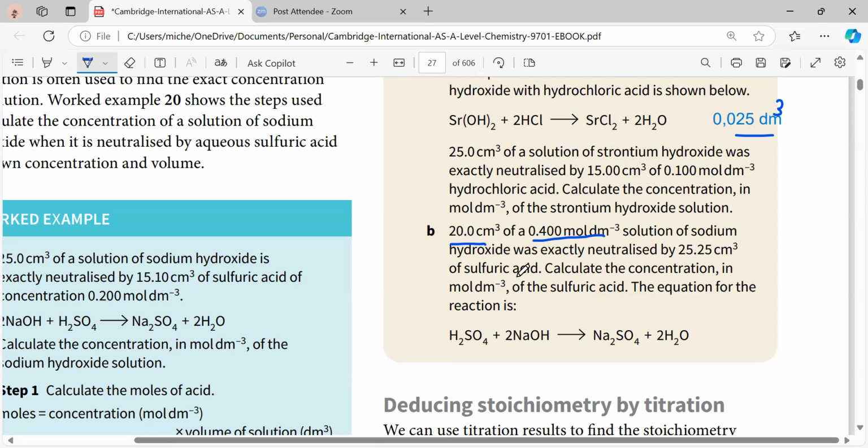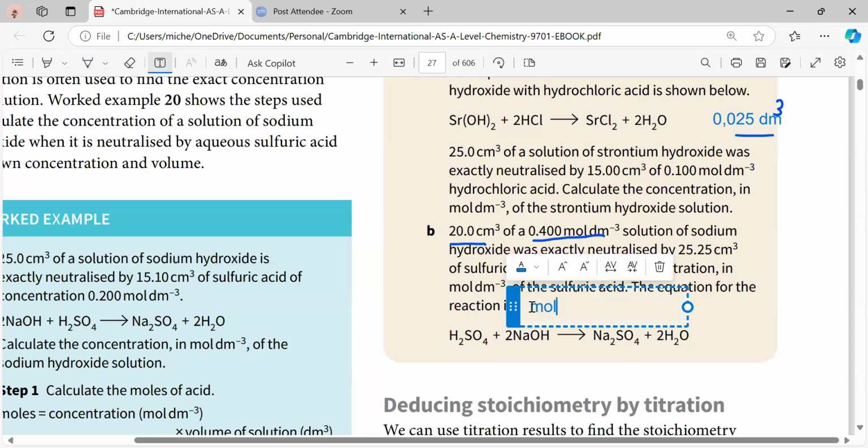In order to find moles, it's concentration times volume, and the volume is 20, so you have to divide that by 1,000 first. Dividing this by 1,000 means that we change the unit from centimeter cube to decimeter cube. So I'm going to type this.